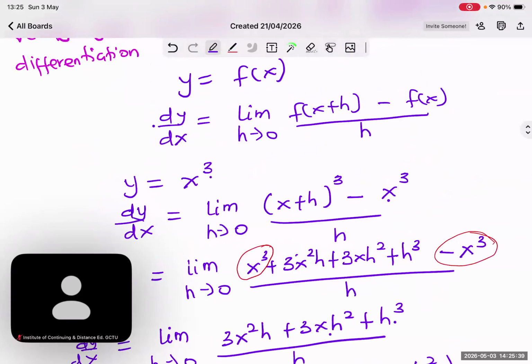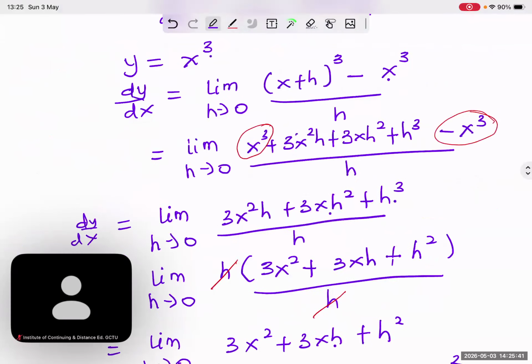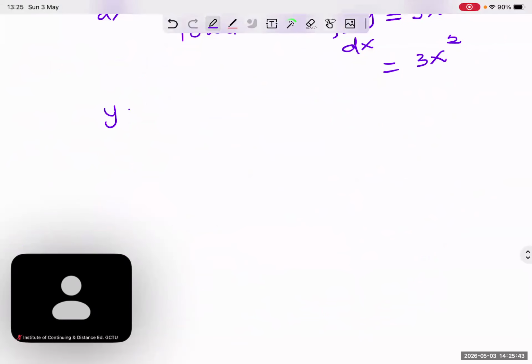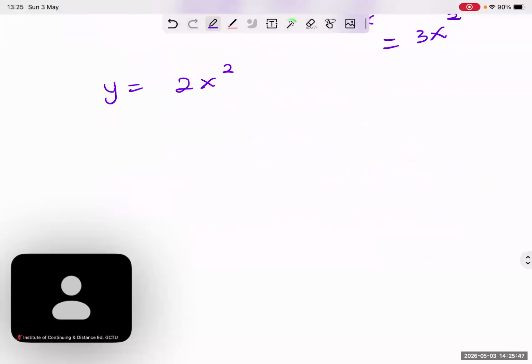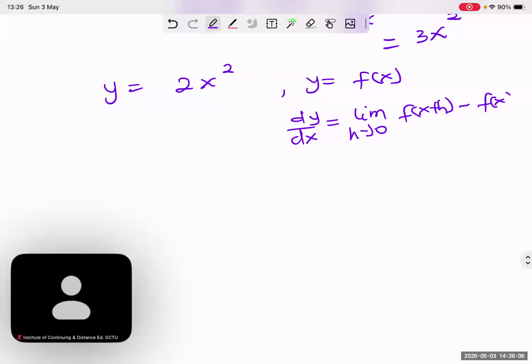The second question was y is equal to 2x squared. So once again, to use the first principle of derivative, if y is equal to f of x, then change in y over change in x is given by the limit as h approaches 0 of f of x plus h minus f of x all over h.